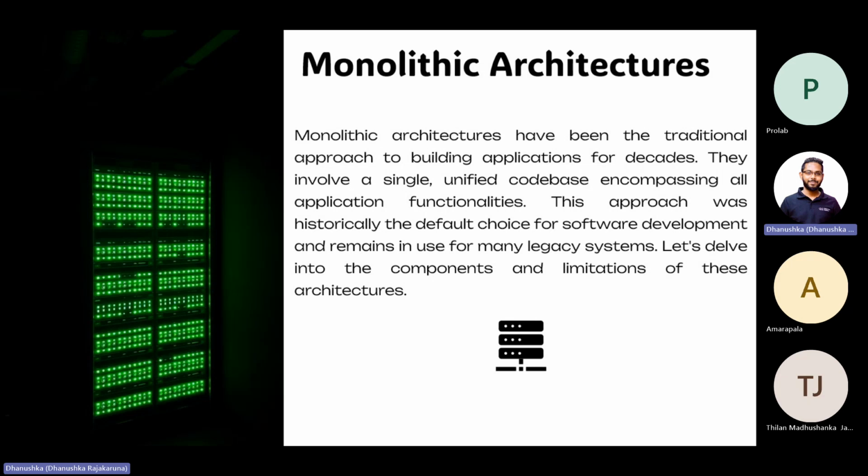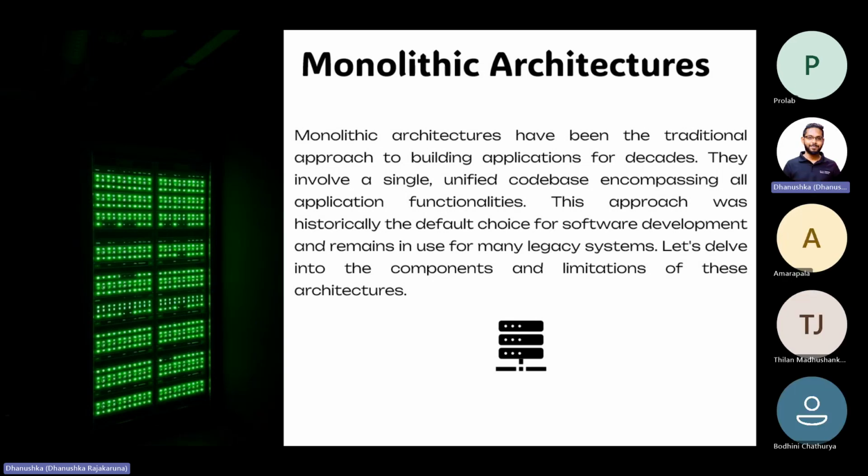Next we will talk about the key characteristics of monolithic architecture. We will talk about four key components here. First one is single code base. In a single code base, all application layers, user interfaces, business logic, and database access are part of one unit.